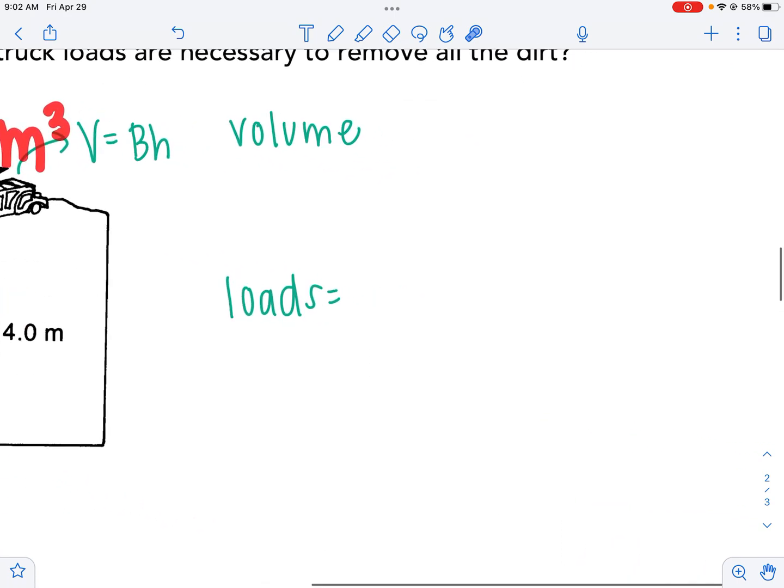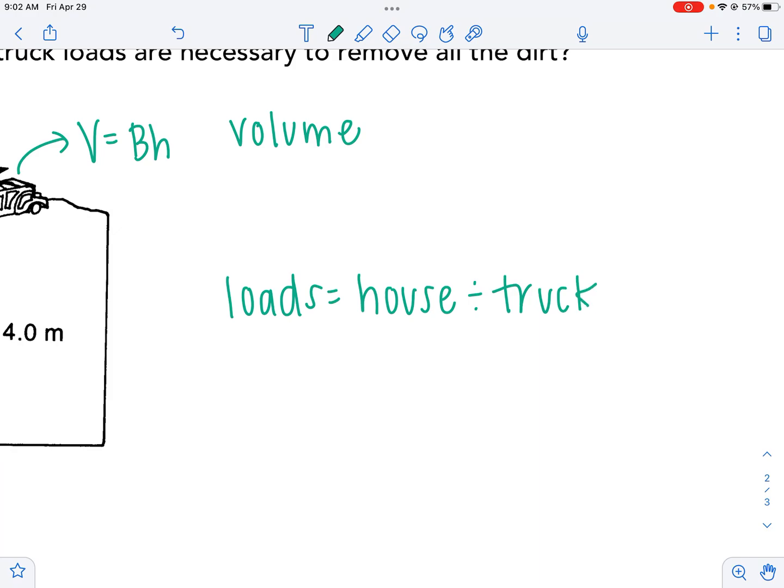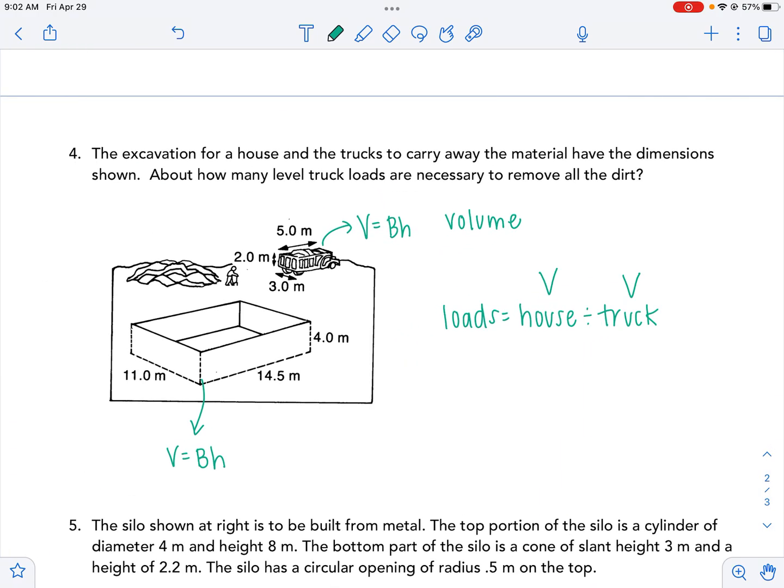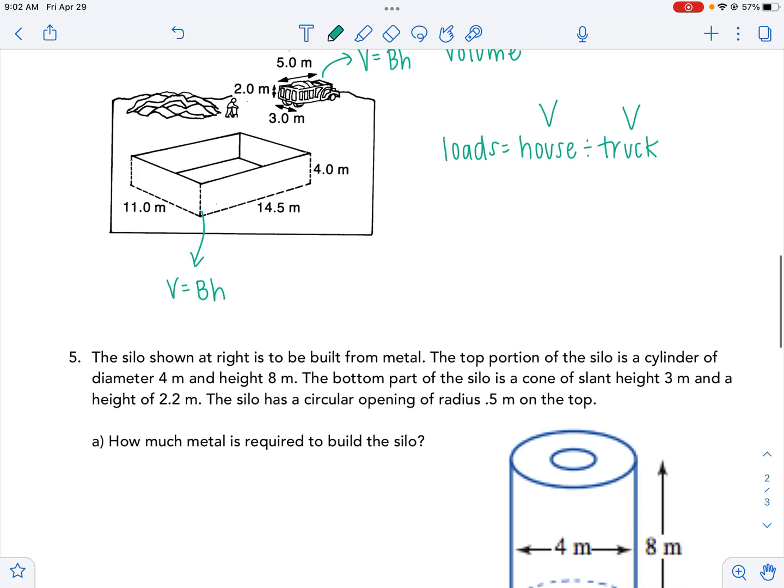So for this particular problem, we're not going to solve it all the way out, but be aware that if you just found the volume, you wouldn't have the answer. To find the number of loads, it would be the volume of the house divided by the volume of the truck. So you'd have to find the volume of each one and then divide them to tell you the number of loads. So we're going to talk through this next one as well.